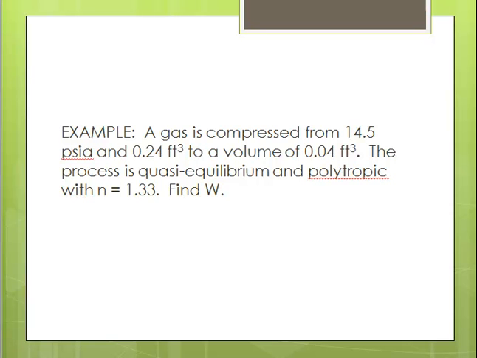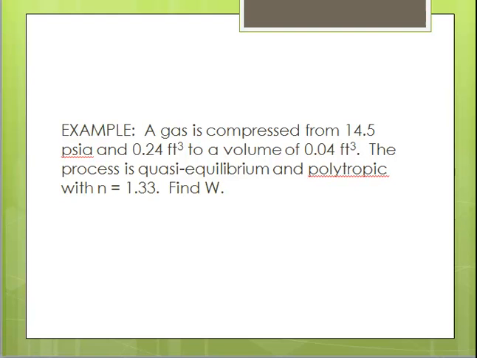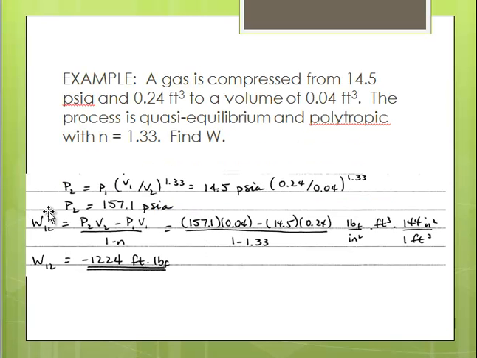Now, I haven't said anything about whether it's an ideal gas or anything like that, so I can't use those rules, but I know it's polytropic with n equal 1.33. So if I do that, then I can take PV to the powers. P2 is therefore P1 times V1 to the 1.33 divided by V2 to the 1.33.